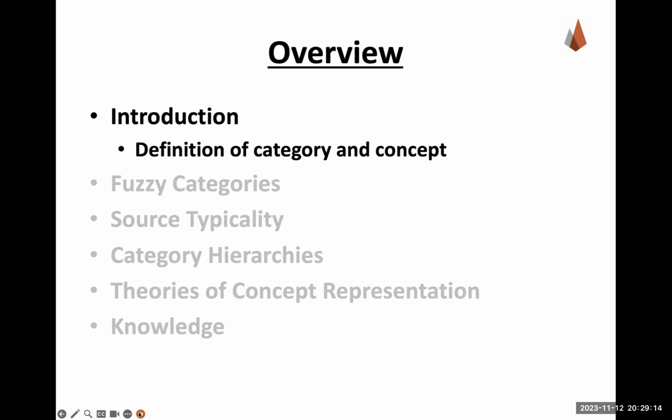Sticking with the dog example, let's say a person who grew up with working cattle dogs, such as a border collie, Australian shepherd, Queensland blue heelers. These types of dogs are that person's mental representation for dog because of their experience with them. More on the nuanced differences between categories and concepts will be discussed below.